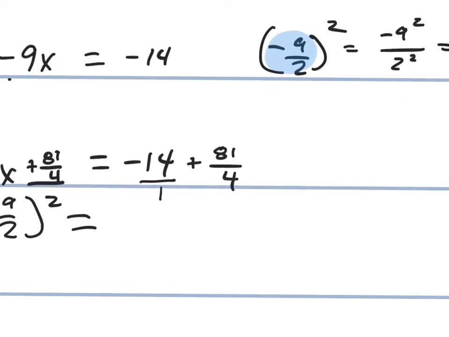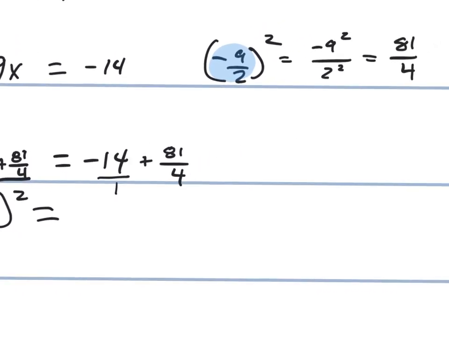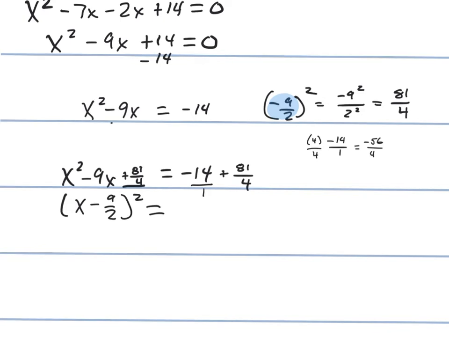To be able to add them together, we need these to be the same fraction. So negative 14 over 1, multiply the top and bottom by 4. The bottom becomes 4, and the top becomes 56, if I'm not mistaken. So we get negative 56 fourths.